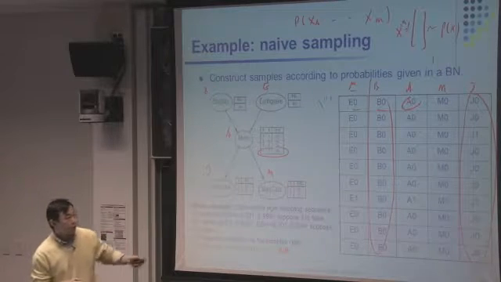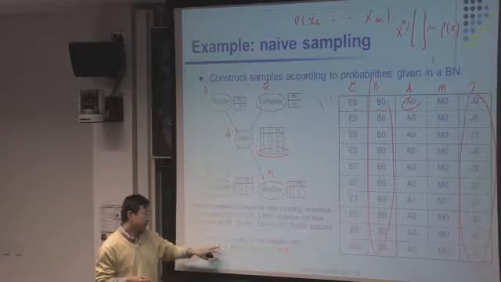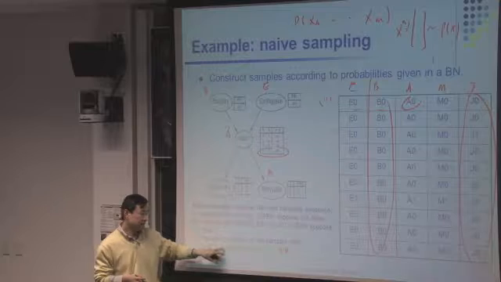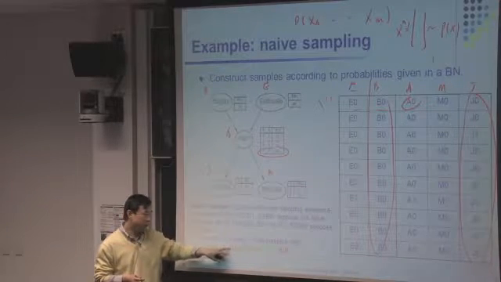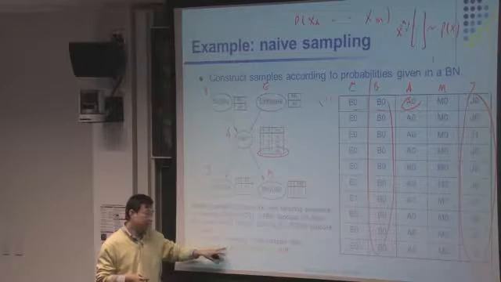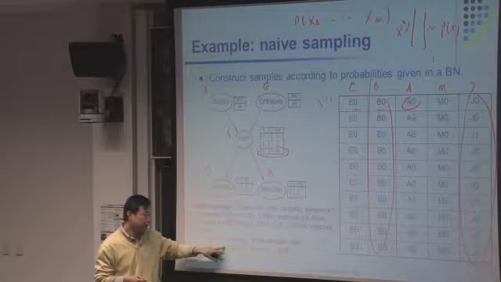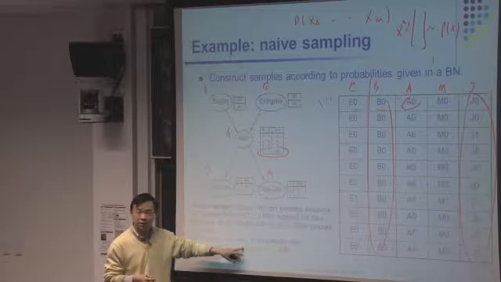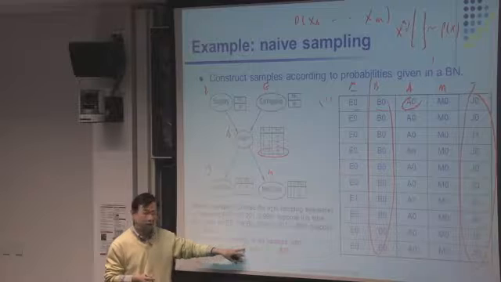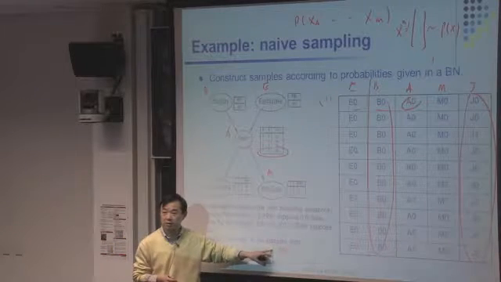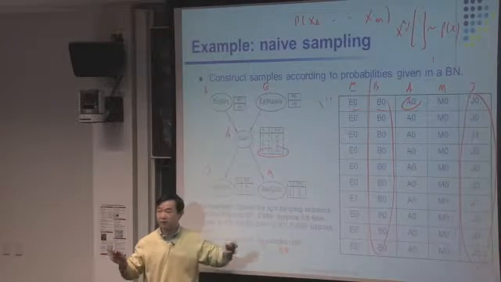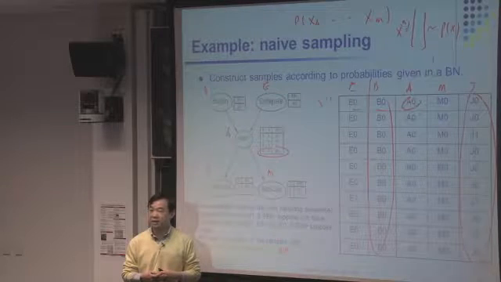Therefore, you are going to count the number of times this joint event happens, A equal to 0, and J being one way or the other, and then divide by the total number of times A equals 0. And then you get this 1 over 9, 8 over 9 kind of probability of the events.